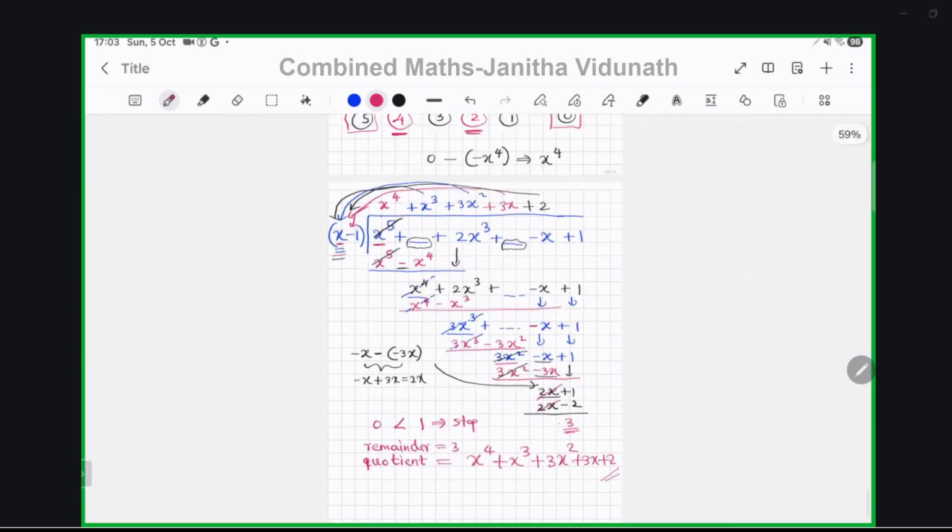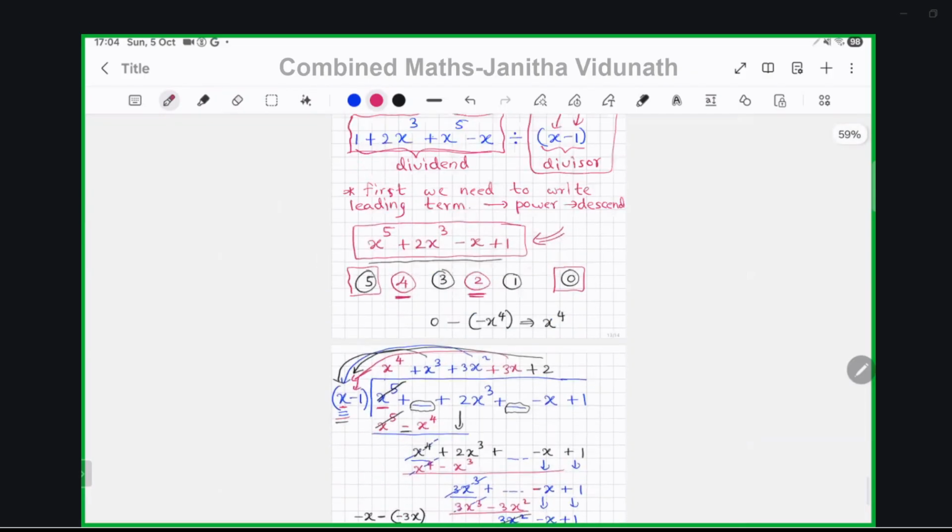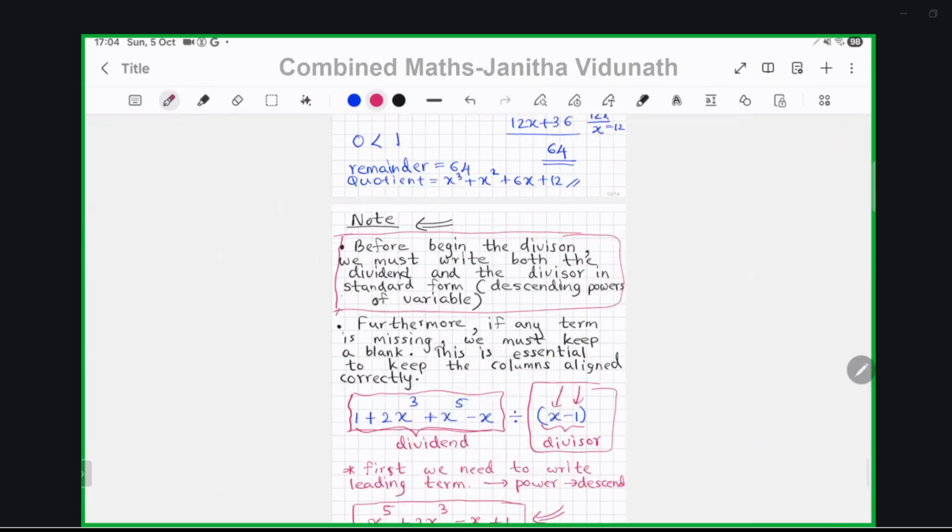Okay, I think now you will understand what is inside our important note. We need to put variable terms in descending order of powers. The first term needs to be the leading term.